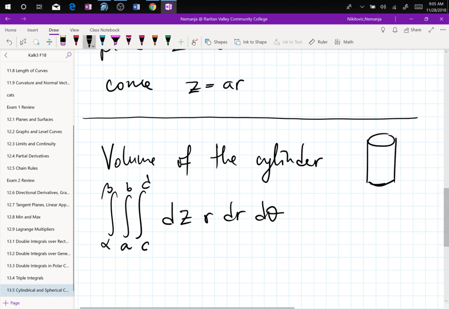So now you can see that the bottom of this is c, the top is d, the radius here has the dimensions of a to b, and then if you want the full circle around, 0 to 2 pi, 2 pi for full revolution.